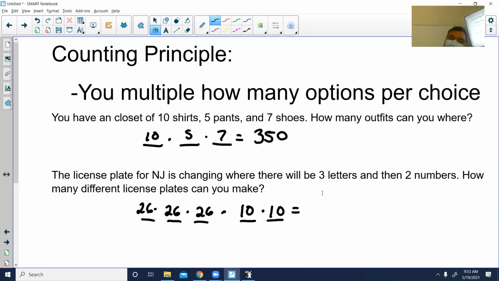Why is it 10 for a number? How many single-digit numbers are there? Plus 0, so 10. Well, it's gonna be a big number. You can make a lot of license plates out of this. That's why license plates are like that.